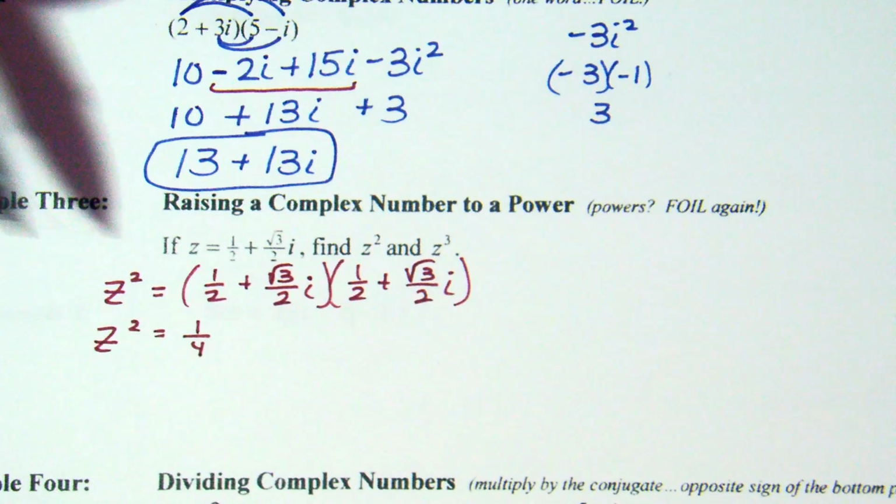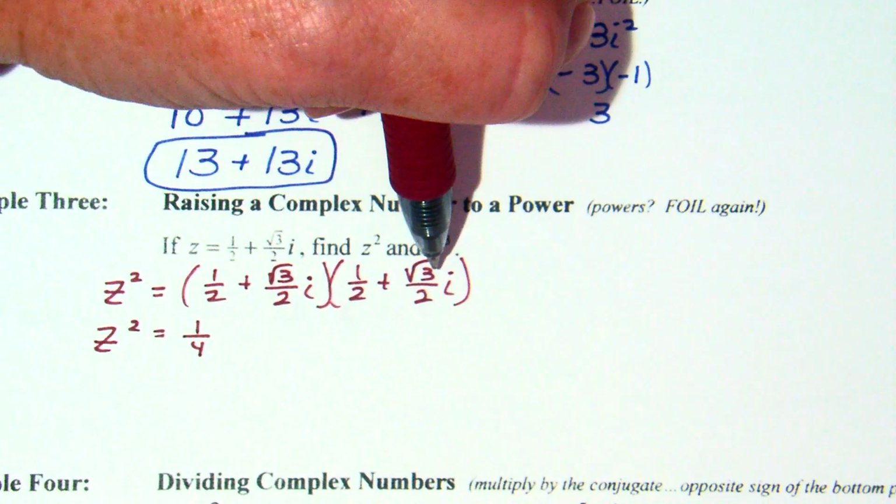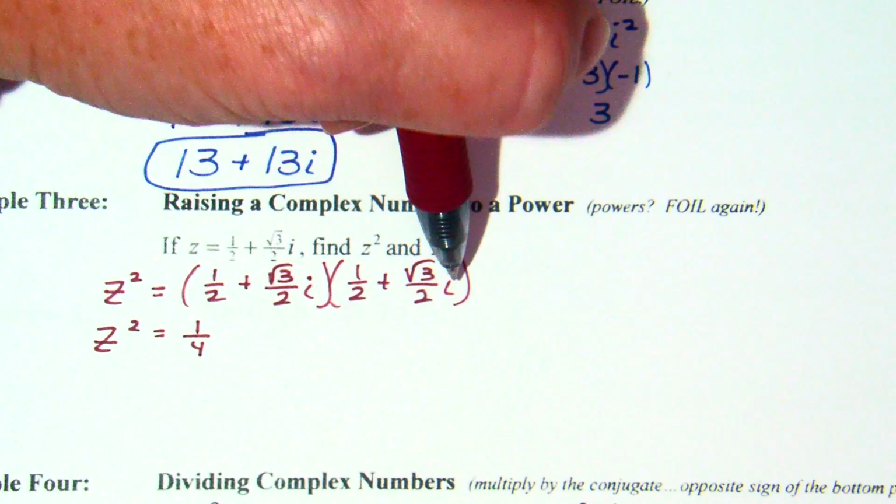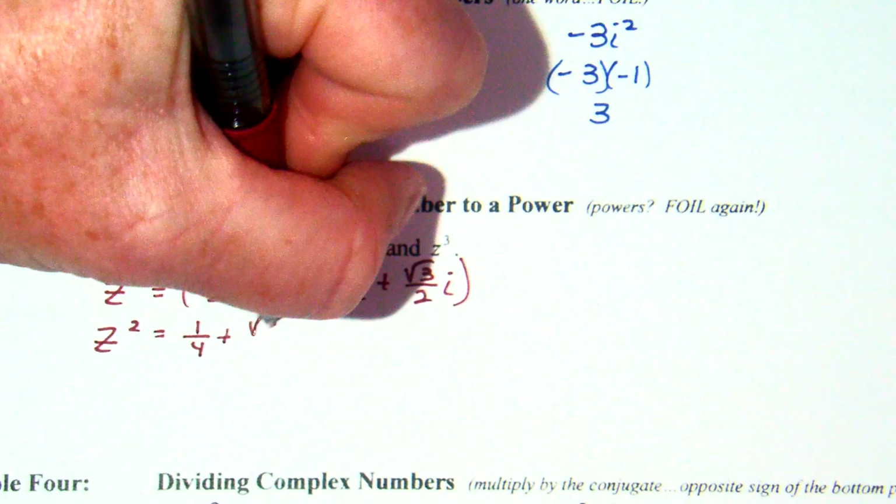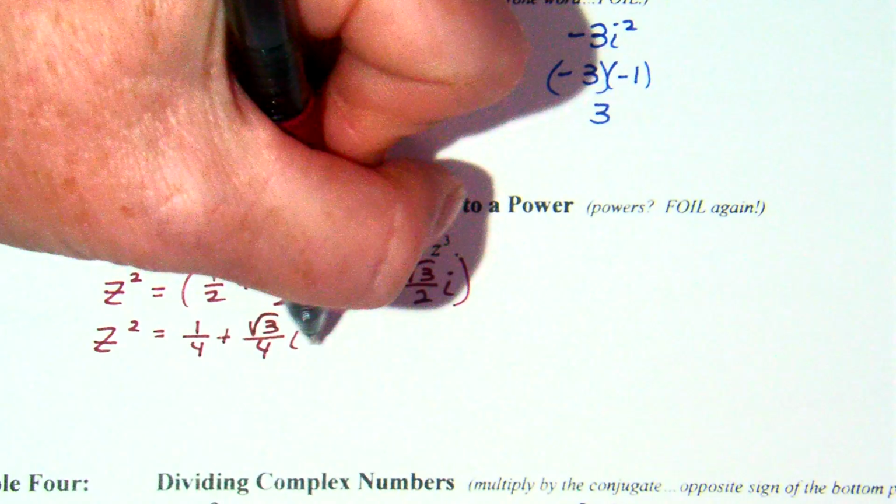Now we do insides. What do you notice about insides? Same thing, isn't it? Radical 3 times 1 on top is radical 3. 2 times 2 in the denominator is 4. And then times an i. And last. Radical 3 over 2i times radical 3 over 2i. Okay.